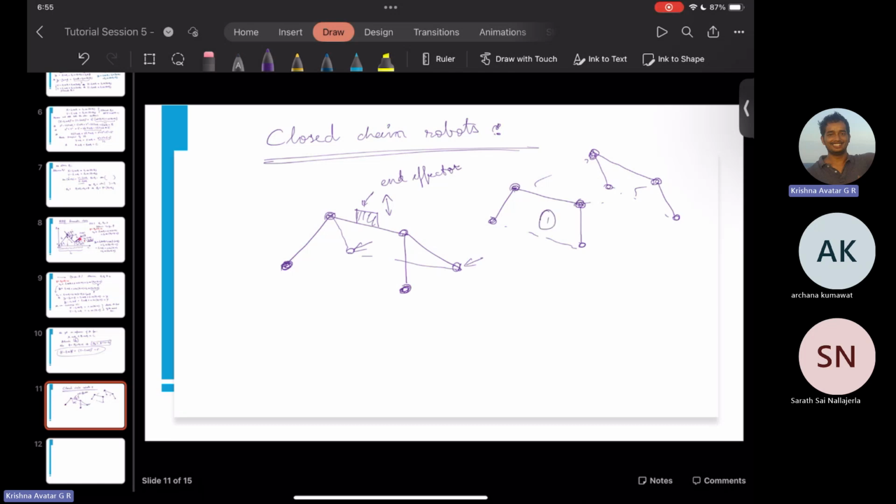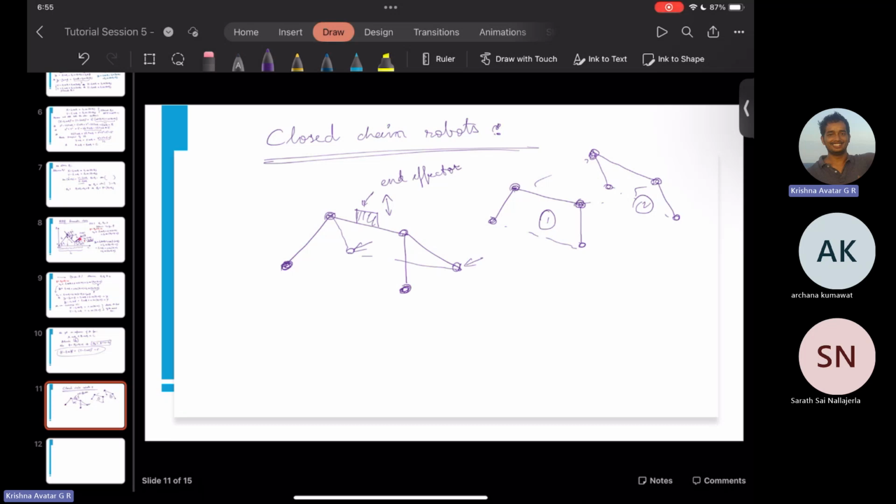This is mechanism 1 and this is mechanism 2. That is what closed chain robots essentially are. This is a very hypothetical robot, and I myself am not aware of what purpose it can be used for, but say it's just a thought experiment here.